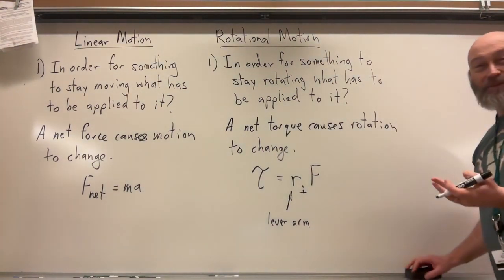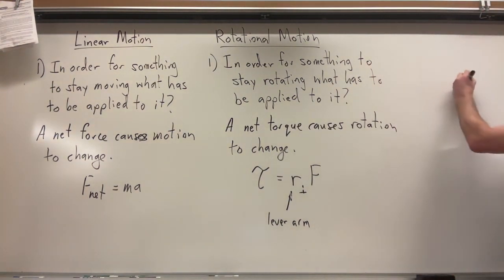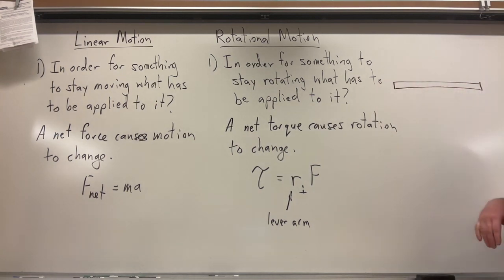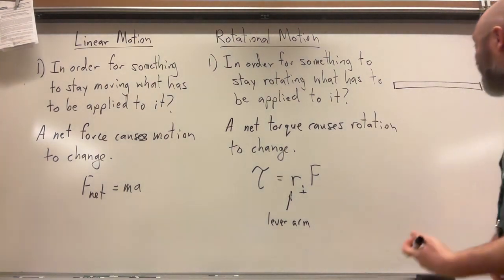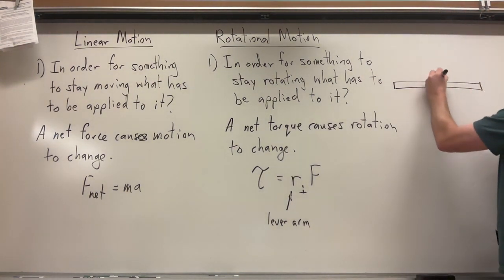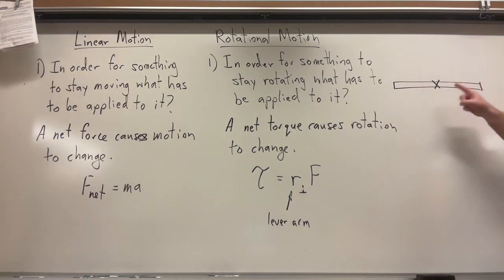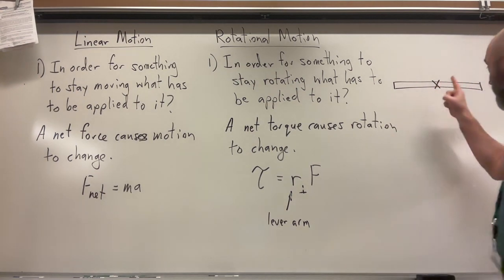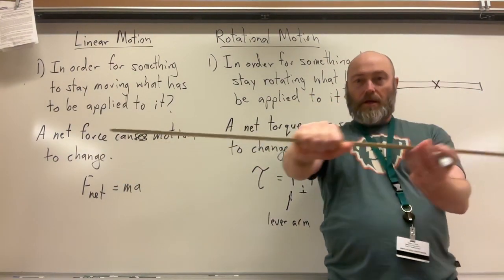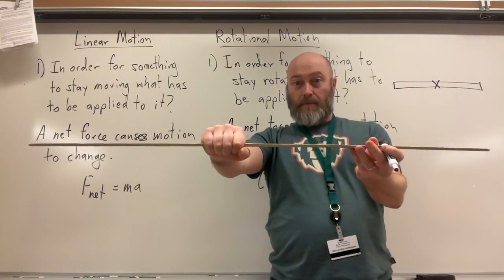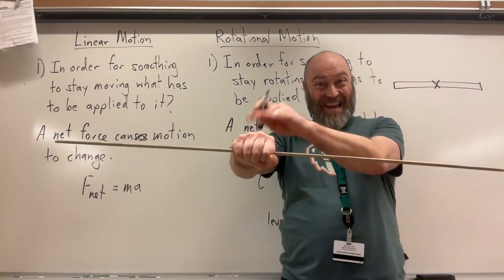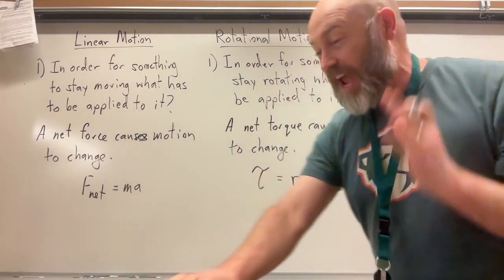But a lot of times we're going to be talking about things like, let's say I have this meter stick, or a stick, and let's say it's rotating around the center. So I'm going to put an X right there where the axis of rotation is. I'm holding it right in the middle and it's going to rotate like this. See, it's rotating around there. That's the axis of rotation.